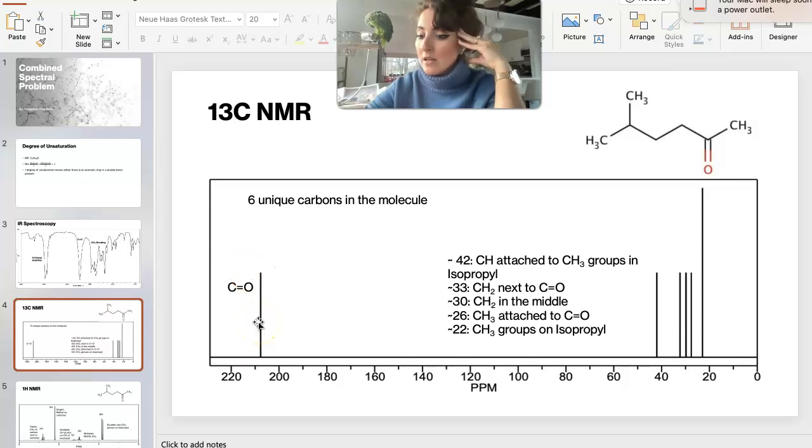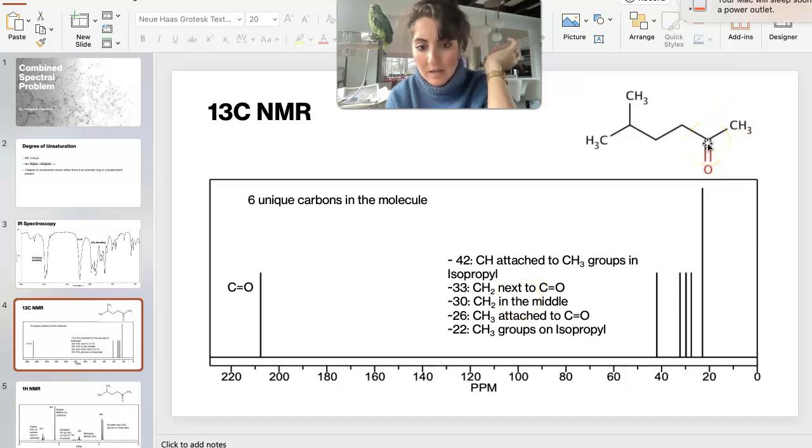Here at around 205 or 208, this is going to be my C double bonded to my oxygen. Around 42 is going to be my CH right here, that is connected to my CH3s on the isopropyl group. The next waveform is going to be around 33.